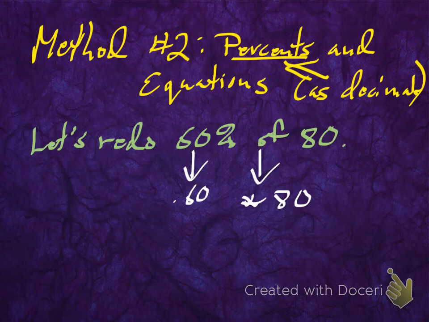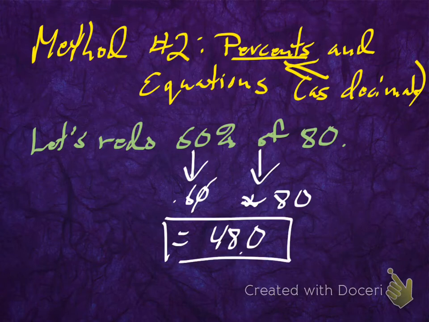Well, 0.6 times 80, ignore the extra 0, so I get 480 with a decimal, so I get 48.0. All right, that's it. That's the answer. And if you recall, that is the same answer we got when we did it using the proportions. Okay, so this is the equation way to do percent of a number. Is everybody with me? Yeah.